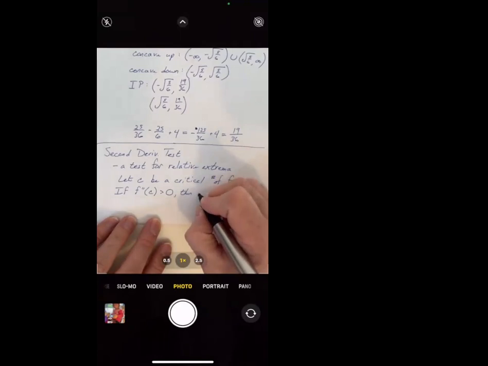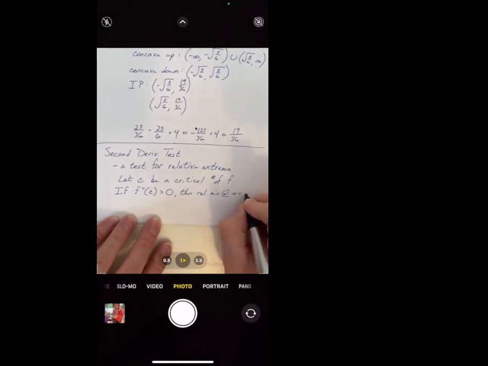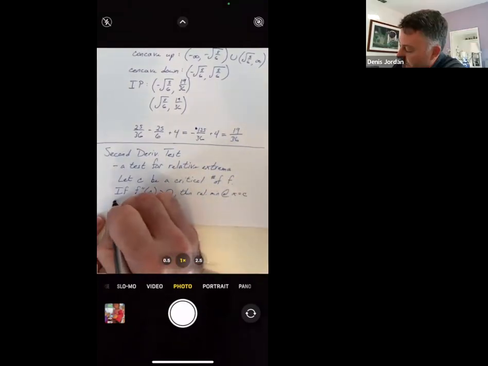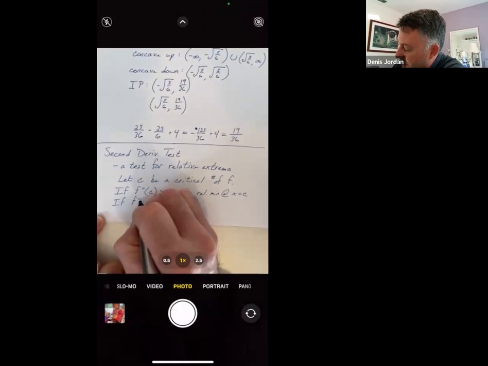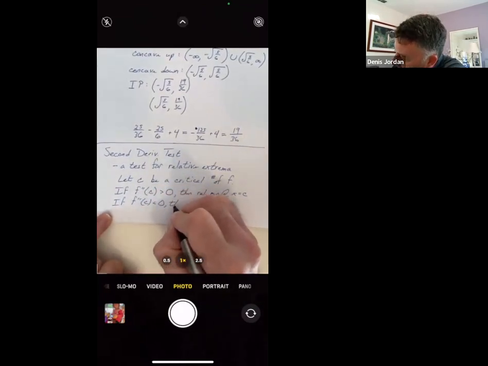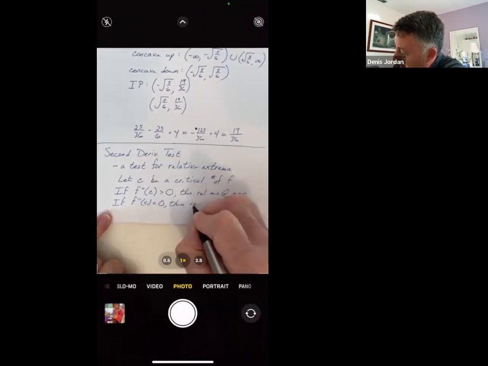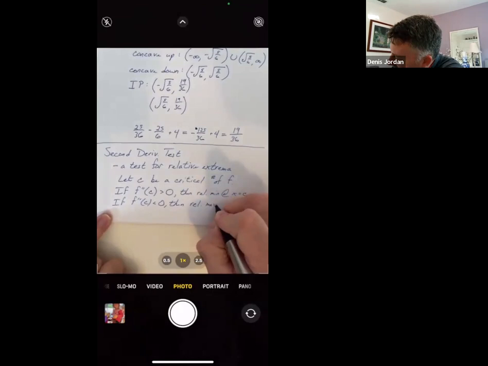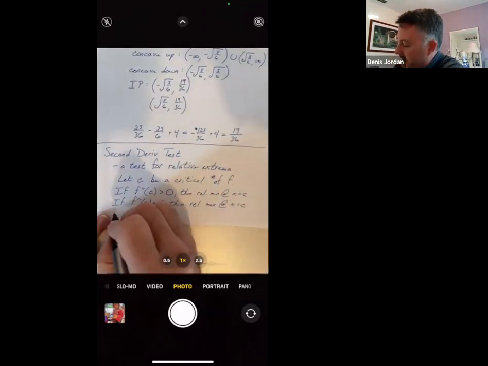Yeah. Okay, and then if it was the opposite, if it came out as negative, then it's a relative max at x equals c.